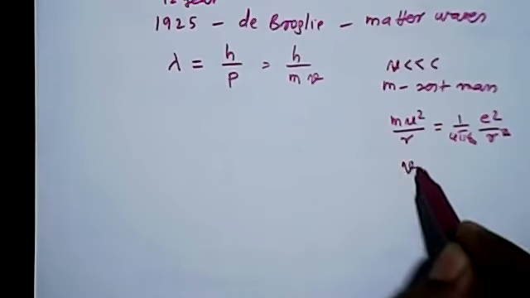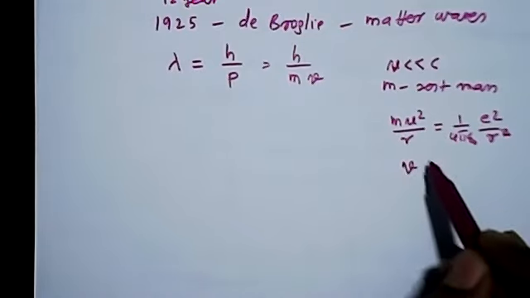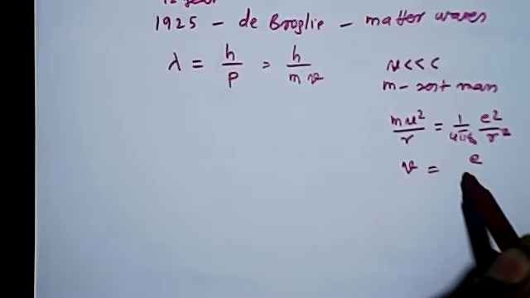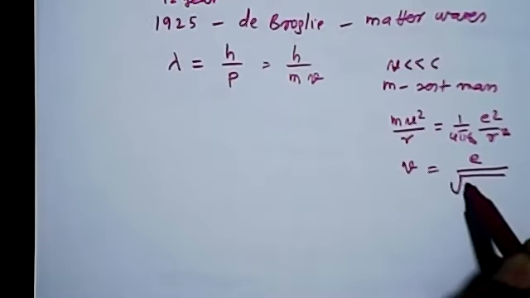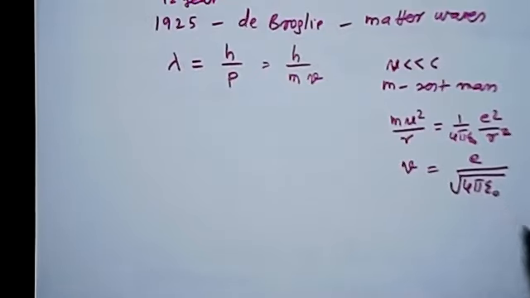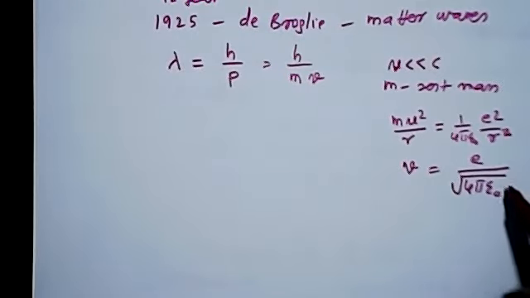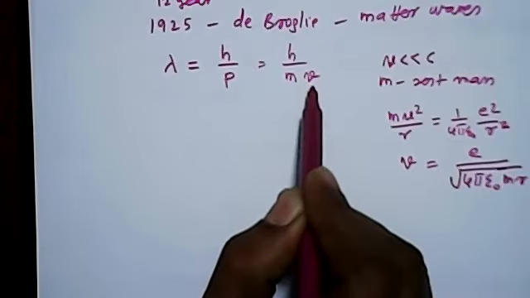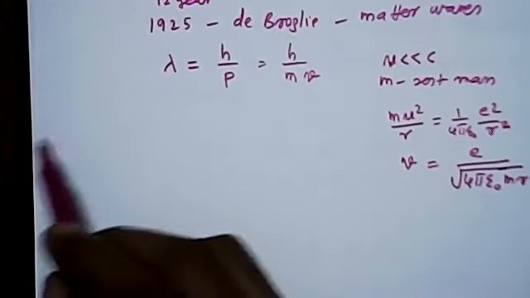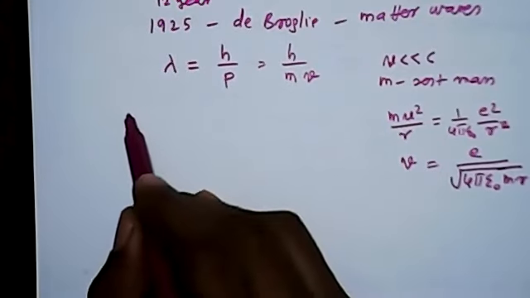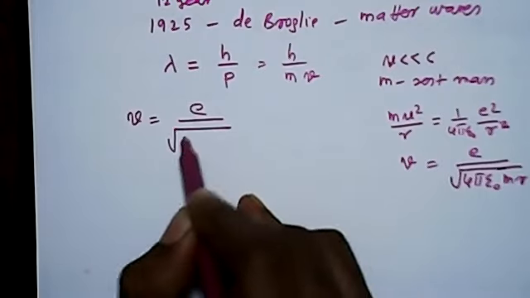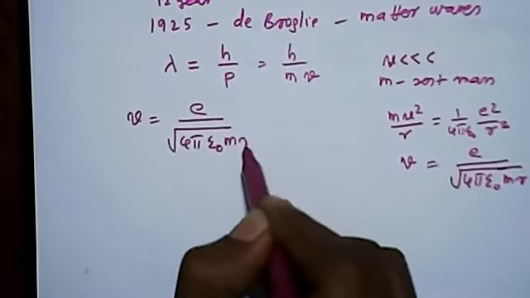So you get v square equal to e square divided by 4 pi epsilon 0 mr, or v equal to e divided by root of 4 pi epsilon 0 mr. This is the expression we know for v, which you can substitute.